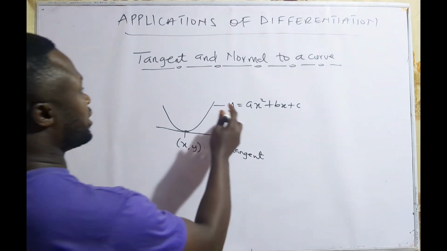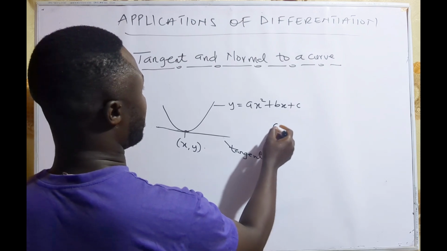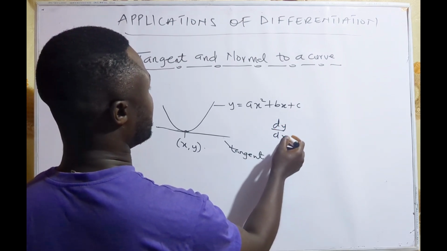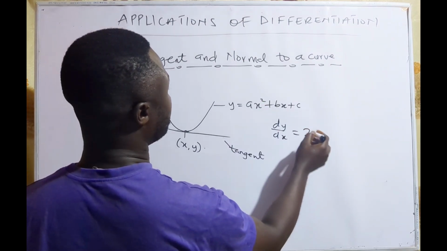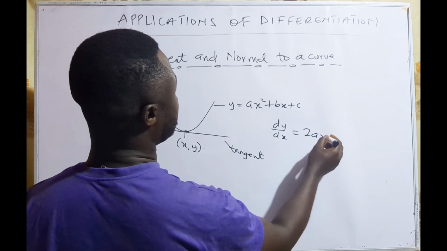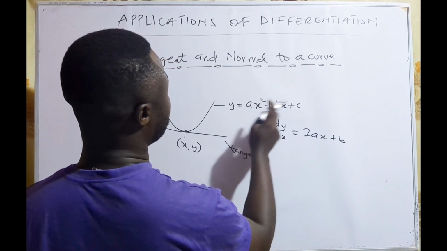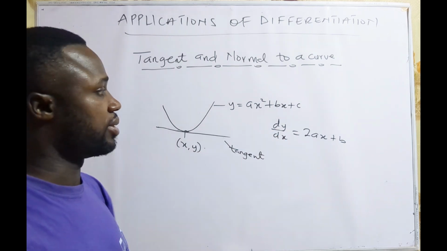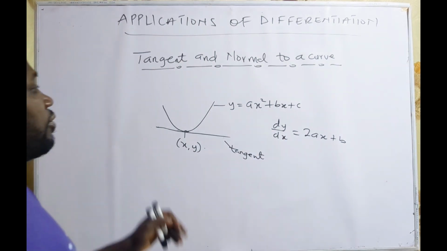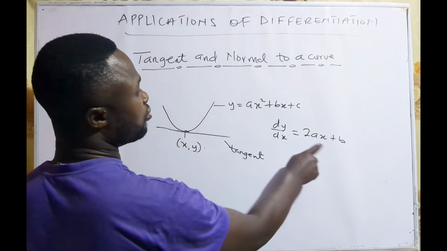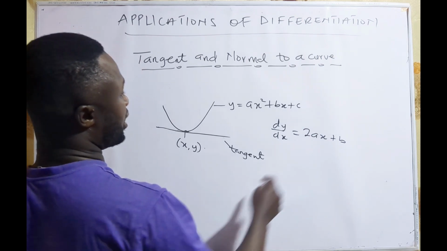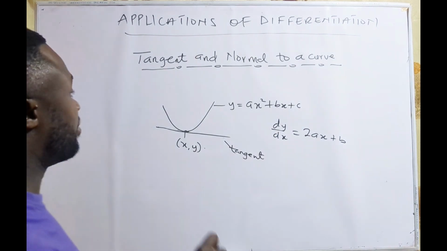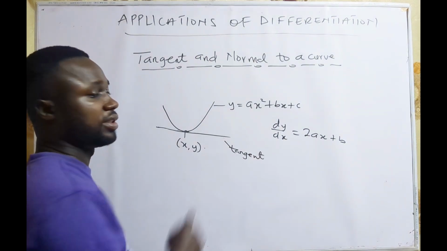So dy on dx, I'm going to get 2ax plus b, because a, b, and c are constants. The differentiation of this function, which is 2ax plus b, becomes the gradient function.